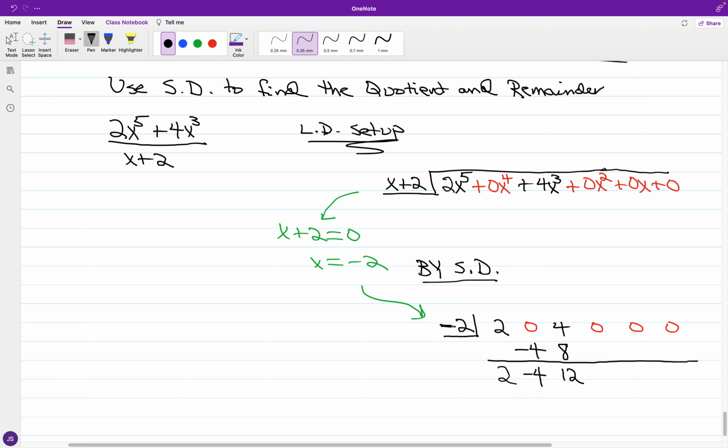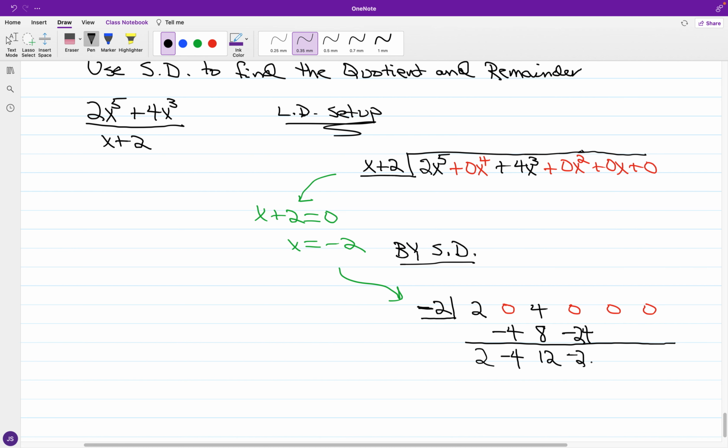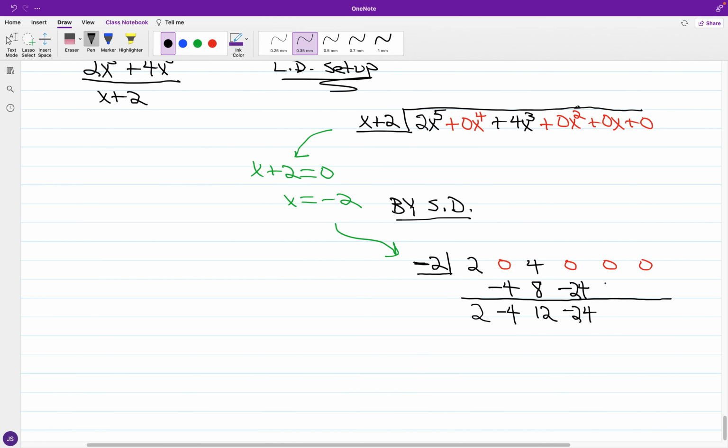Now, we multiply by negative 2. Negative 2 times 12 is negative 24. Adding 0 plus negative 24 is minus 24. Then we have negative 2 times negative 24 is a positive 48. And we got 0 plus 48 is 48. Then finally negative 2 times 48 is negative 96.